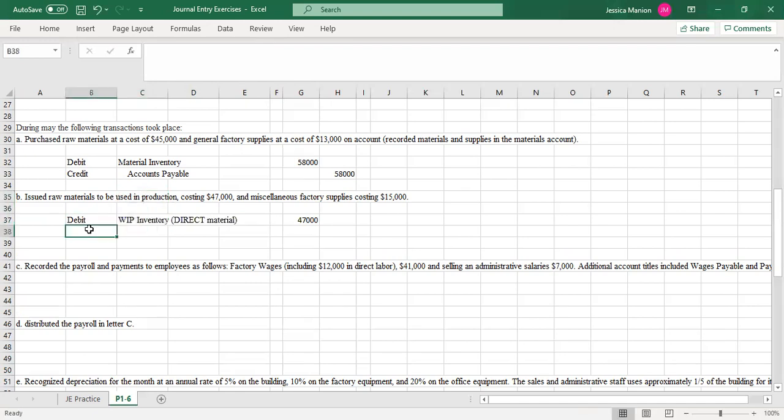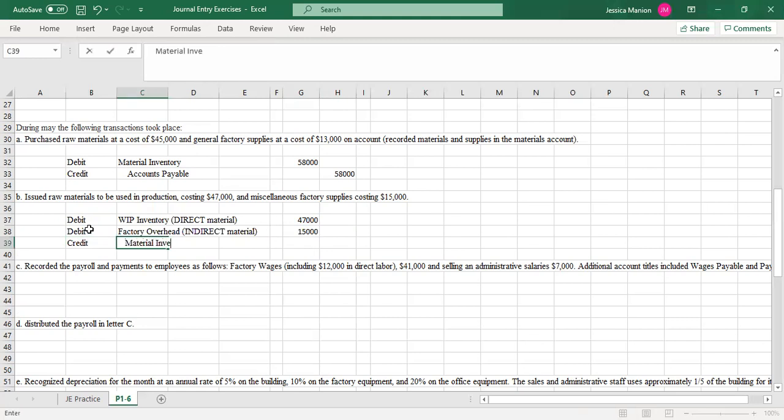Okay, we're going to debit factory overhead for the indirect material amount, that's 15,000. And then we're going to credit material inventory.